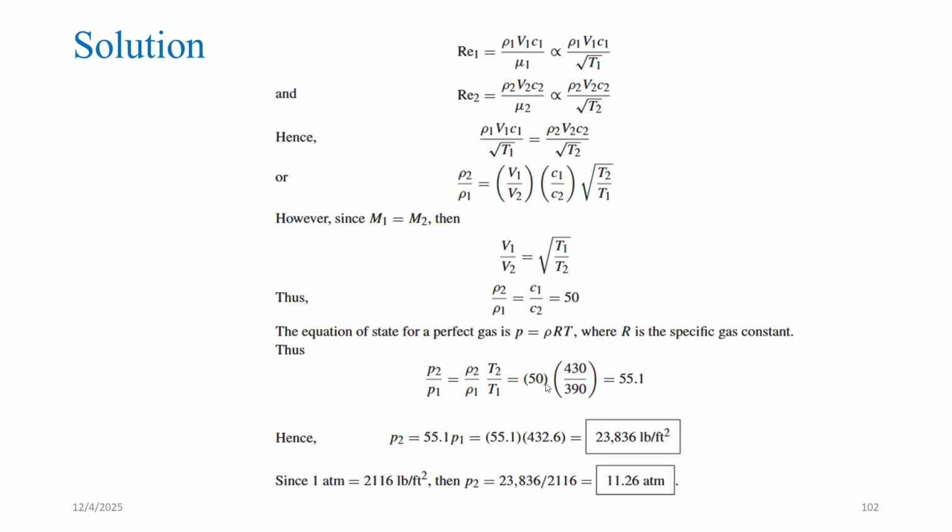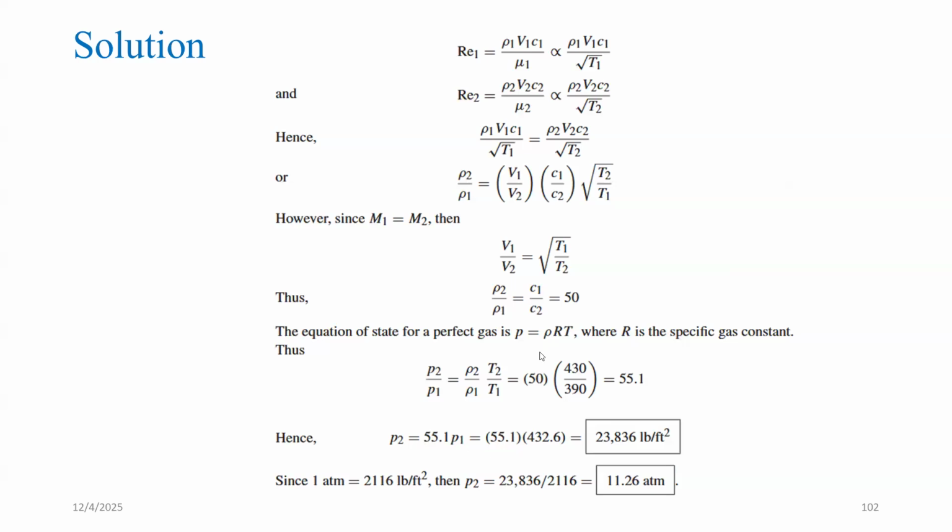The density ratio is 50, as given here, and temperature 2 is 430 and temperature 1 is 390 Rankine. So the ratio of pressure is 55.1, and that means pressure 2 is equal to 55.1 times pressure 1.